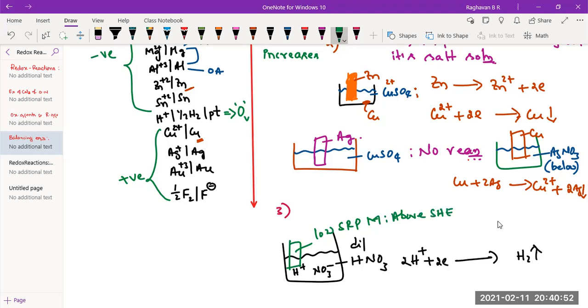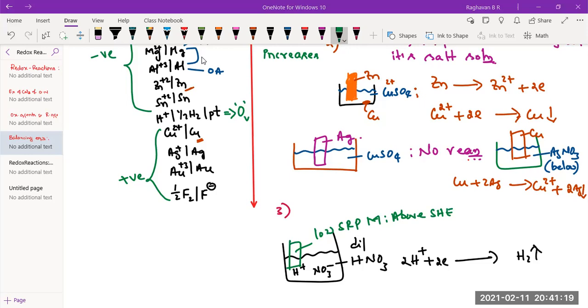Now, I'm going to dip a copper rod into dilute HNO3. Hydrogen liberates or not? I'm going to dip a copper rod into dilute HNO3.